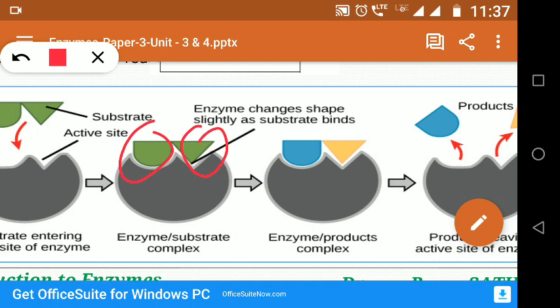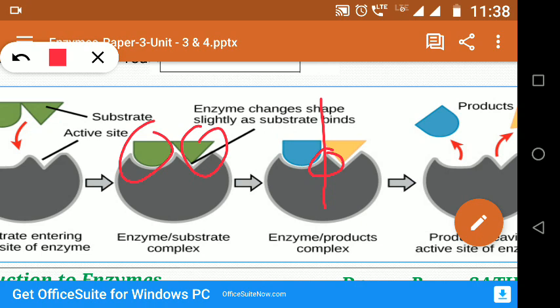The active site is binding the substrate, but this region here is the catalytic site, which breaks the bond between these two parts of the substrate.